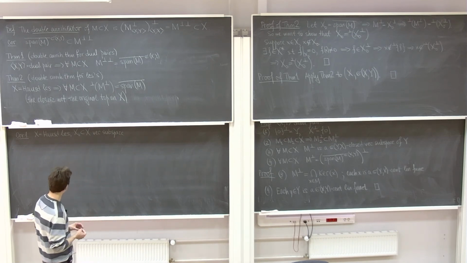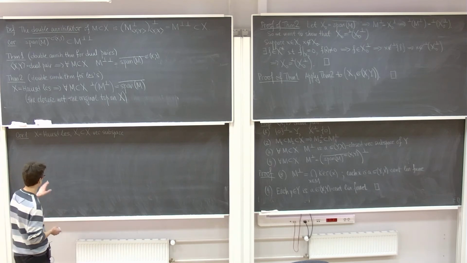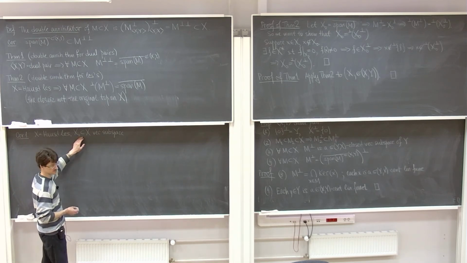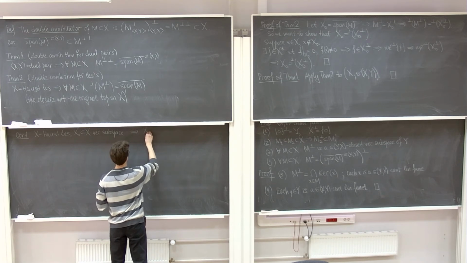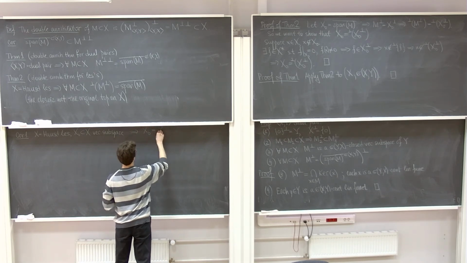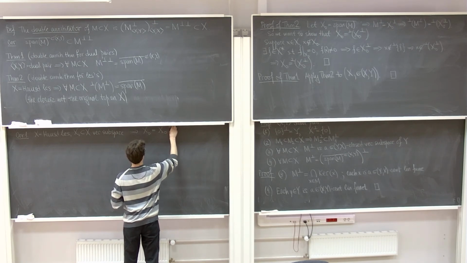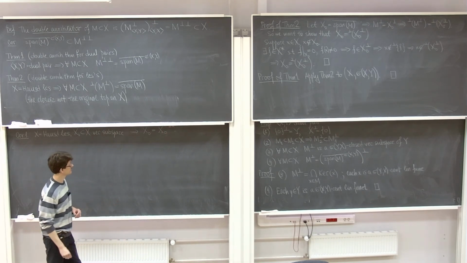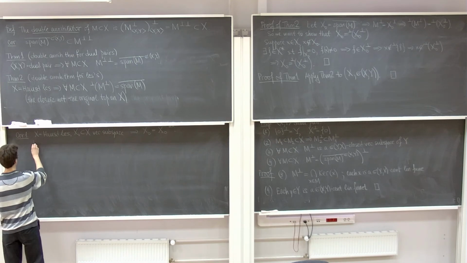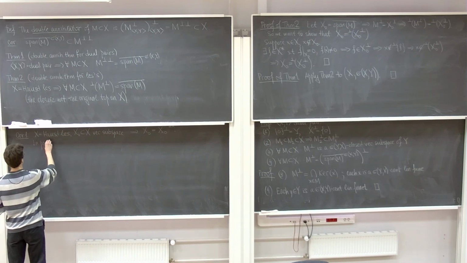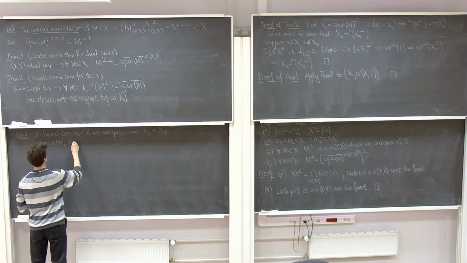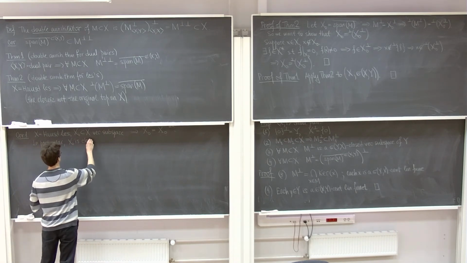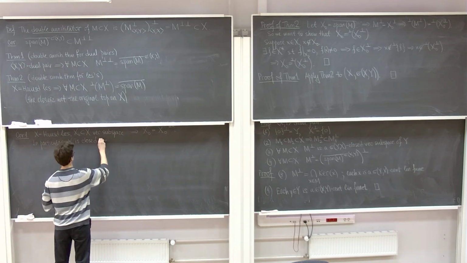Okay, so now we take a Hausdorff locally convex space and a vector subspace X0 of X. I claim that the closure of X0 equals the weak closure. And in particular, X0 is closed if and only if it is weakly closed.